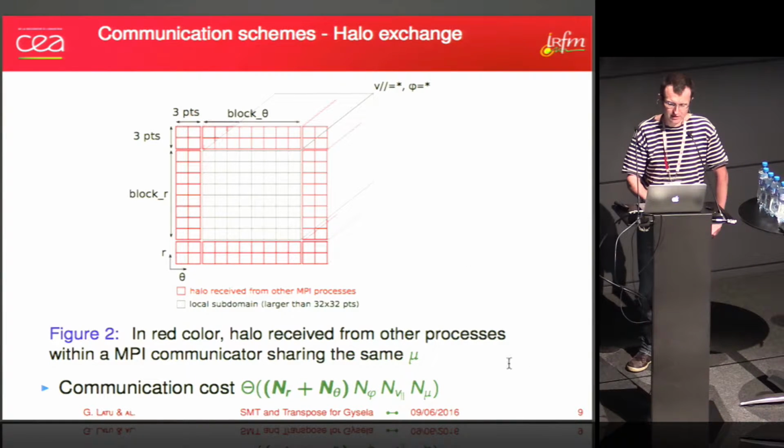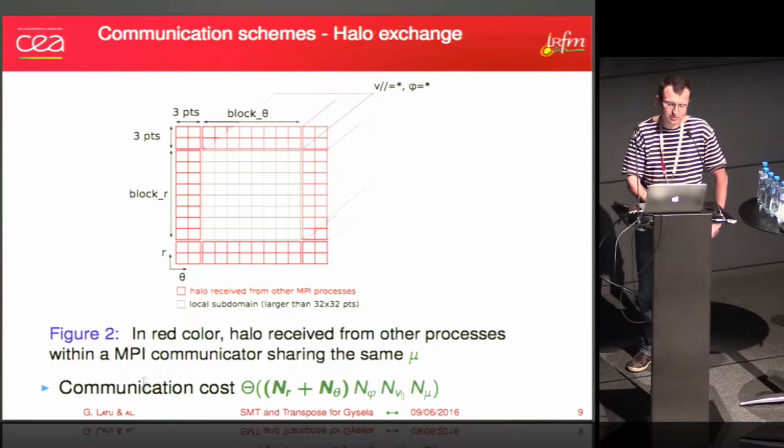So you have here the subdomain that we have in the MPI process in gray. So a subdomain in r and theta, and all the points in v parallel and phi. And for the halo exchange algorithm, we have to add 3 points here in r and theta, and these points are typically received from other MPI processes.